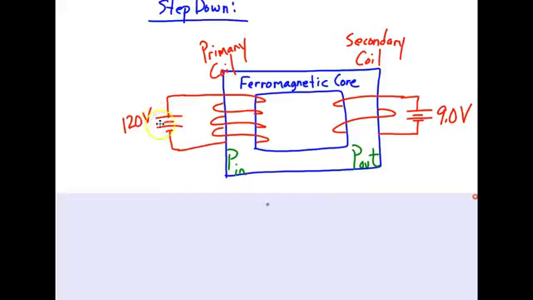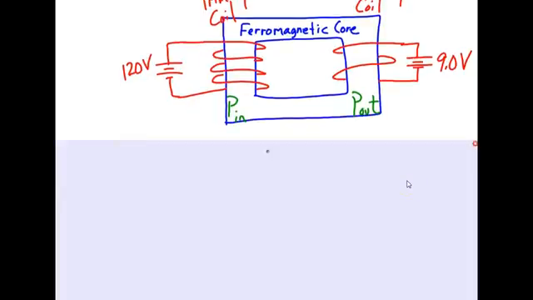What happens here is this voltage over here creates magnetism in the ferromagnetic core. This ferromagnetic core that is now magnetized creates electricity over here on the other side. So you're using electricity to create magnetism on the primary side, then you're using magnetism to create electricity on the secondary side.